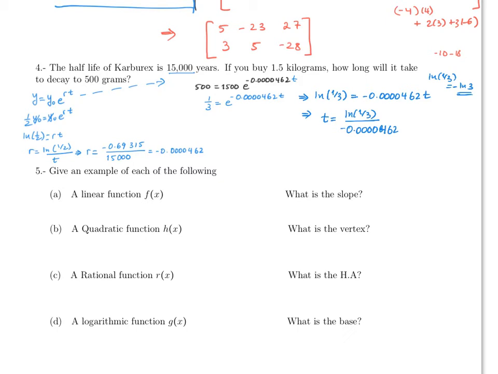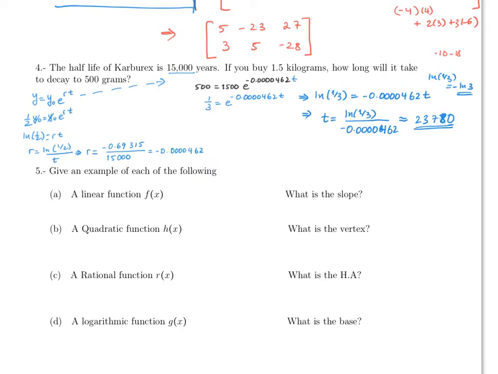And then depending on how many digits you use, that's going to be the accuracy. So this is approximately equal to 23,780 if you round it to the whole number.